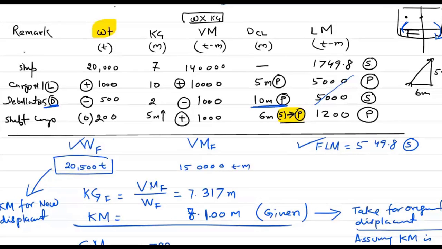This is your starboard, this is your port. You are discharging from port like this, so you are going to list towards starboard. Now clear?